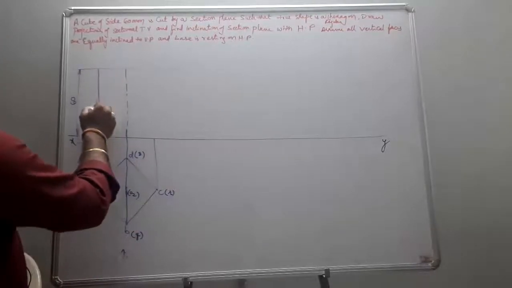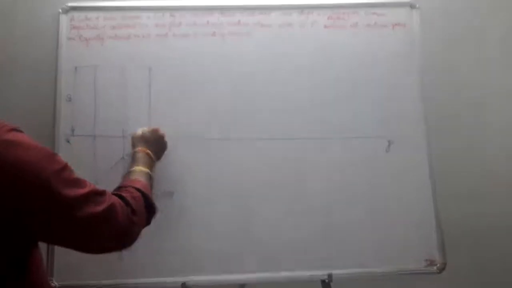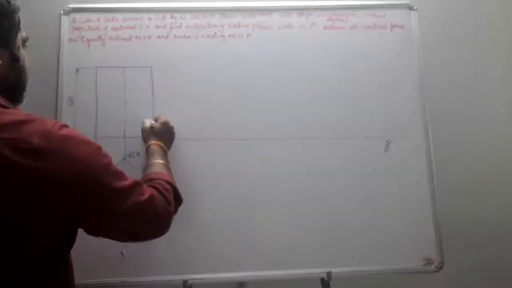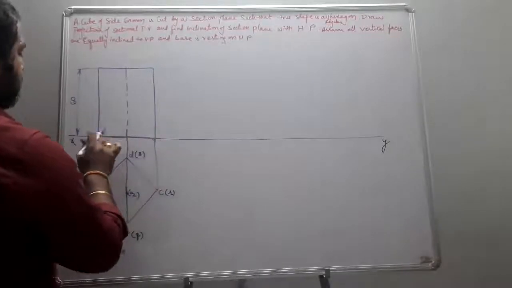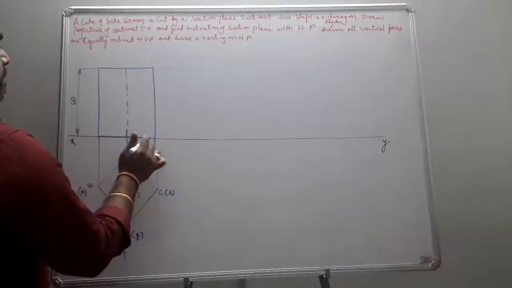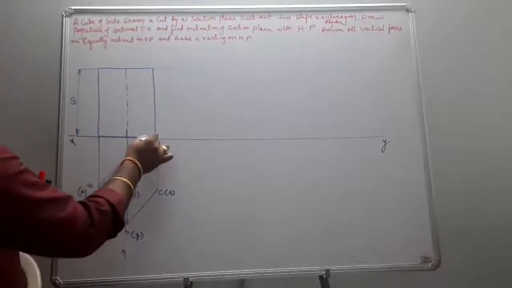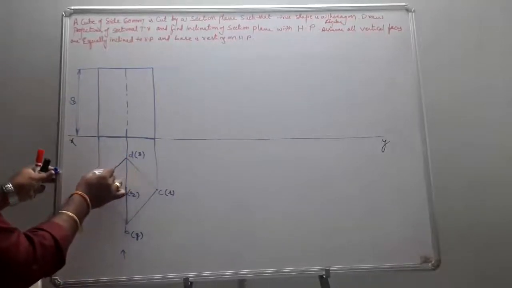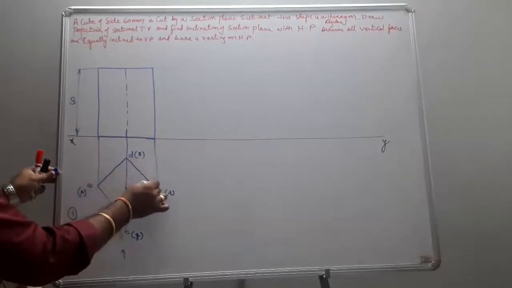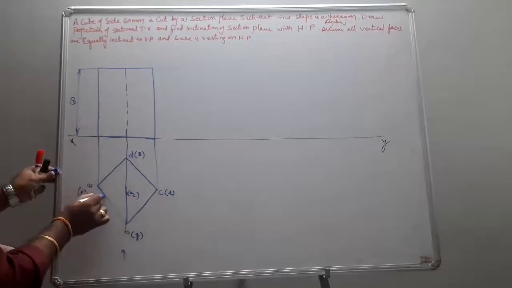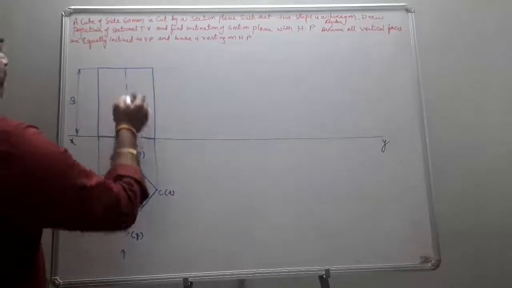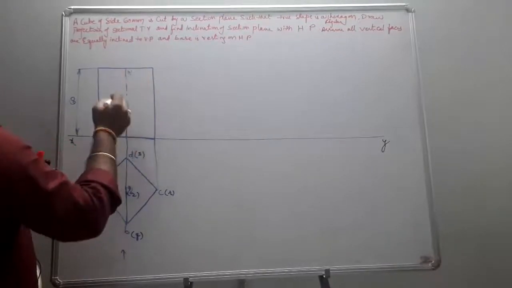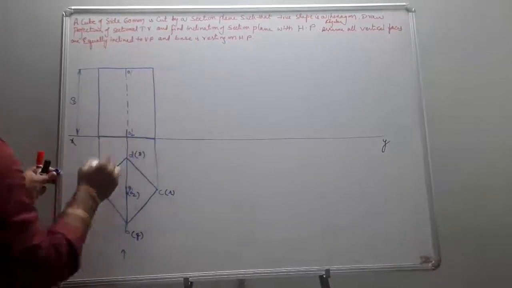So these points are, this is the top view, this is the front view, this is O1 dash, this is O2 dash.